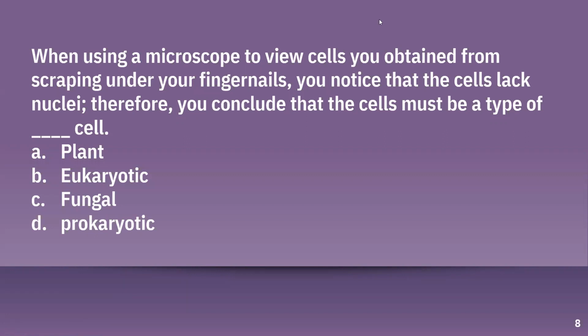So the first clue to answering this question is that the cells do not have nuclei or a nucleus. Nucleus is singular, nuclei are plural. So it cannot be a eukaryote, right? Because all eukaryotic cells have nuclei.